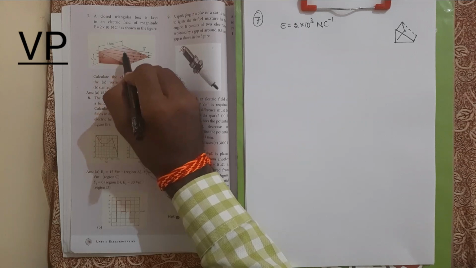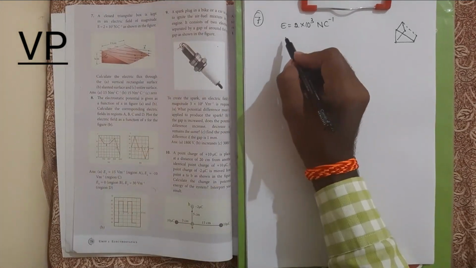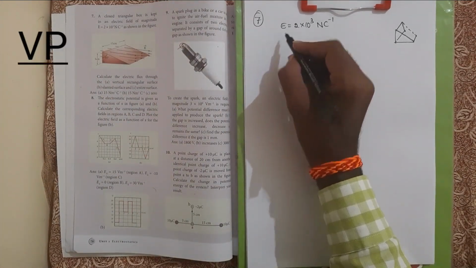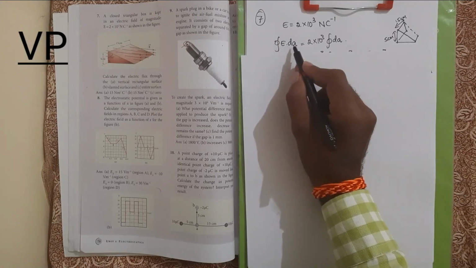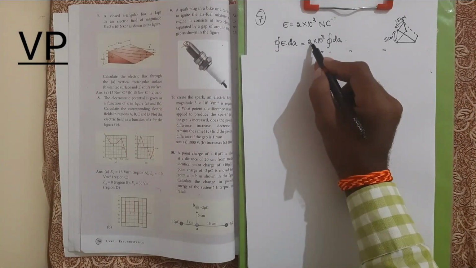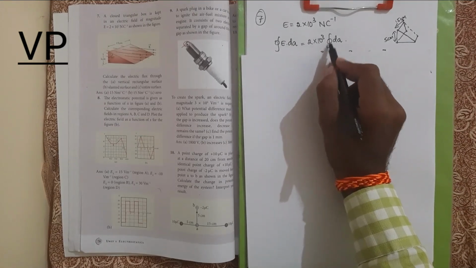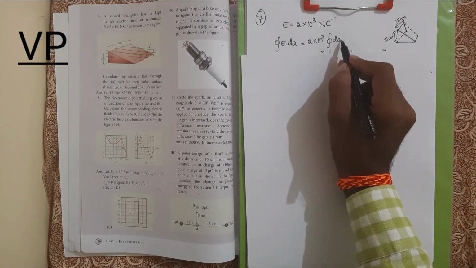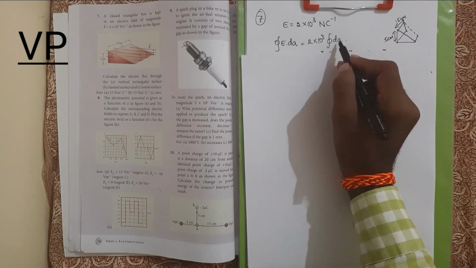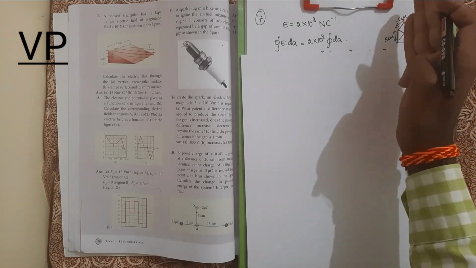To find the electric flux through the vertical surface, closed integral E dot dA, which is equal to 2 into 10 to the power 3. So we know the value of E, that is 2 into 10 to the power 3, and the closed integral of dA. So we have to find the area for this vertical surface.